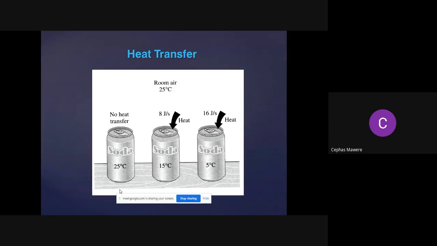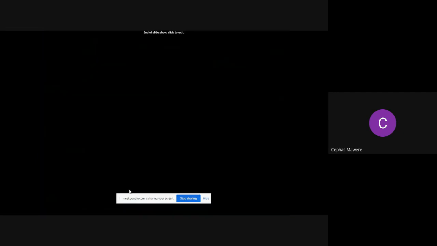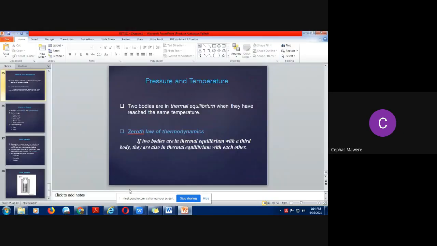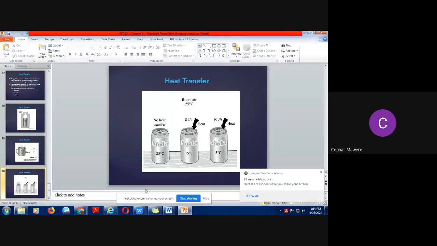But the moment you put it in a room with 25 degrees Celsius temperature, where the air is 25 degrees Celsius, you realize that there is heat transfer taking place towards the decreasing temperature, which means heat is transferred into this container. And we are going to explore how it happens in the various situations. Are we still together?